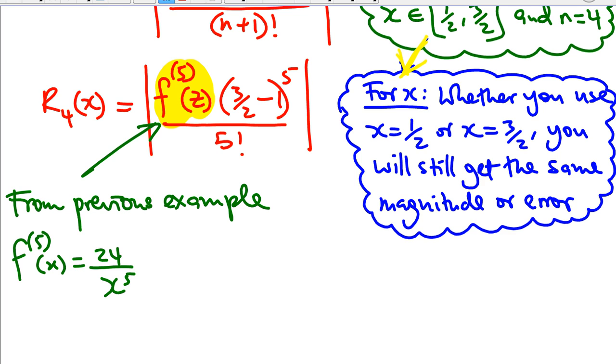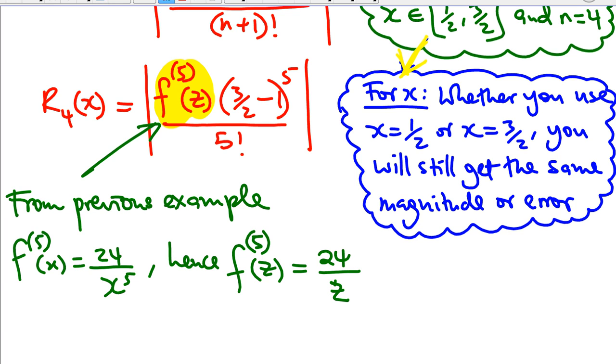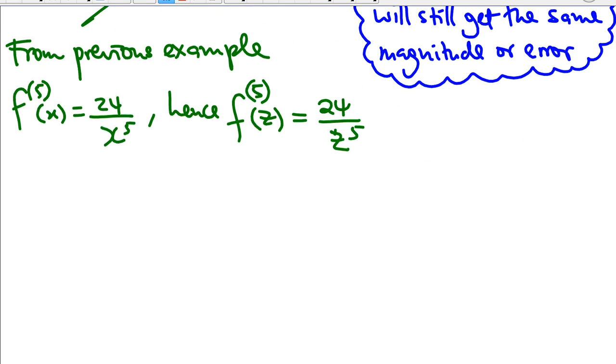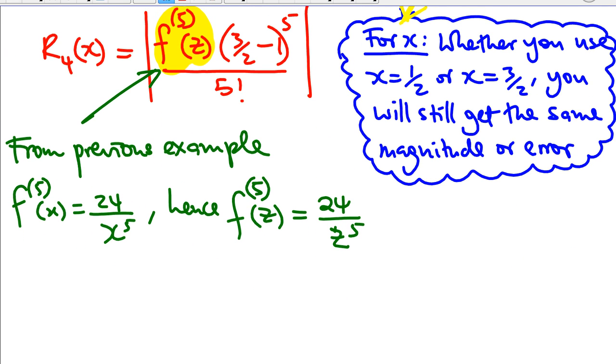Which means the fifth derivative of this function at z will be equal to 24 over z to the power 5. So my formula will be simplified this way.